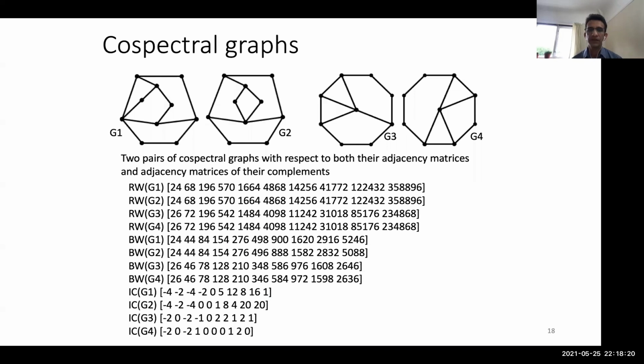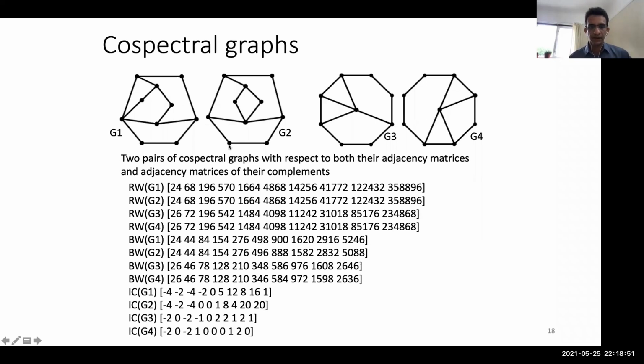Right, so as I mentioned, Ihara coefficients for backtrackless walks are less prone to the problem of failing to distinguish co-spectral graphs. These two are non-isomorphic graphs, but they are co-spectral with respect to their adjacency matrix. It means that their adjacency matrices share the same eigenvalues, and they are also co-spectral with respect to the adjacency matrix of their complement graph.